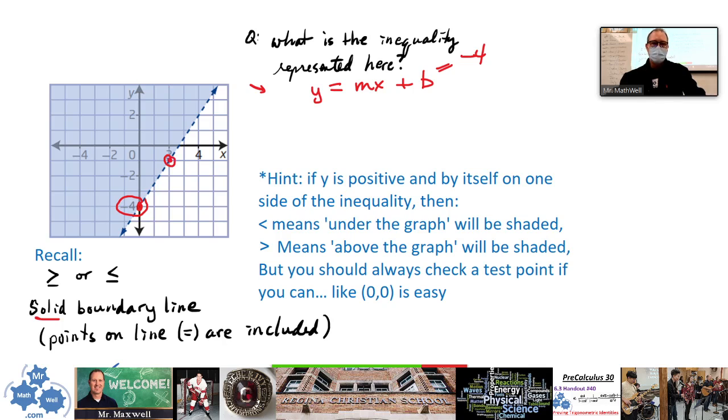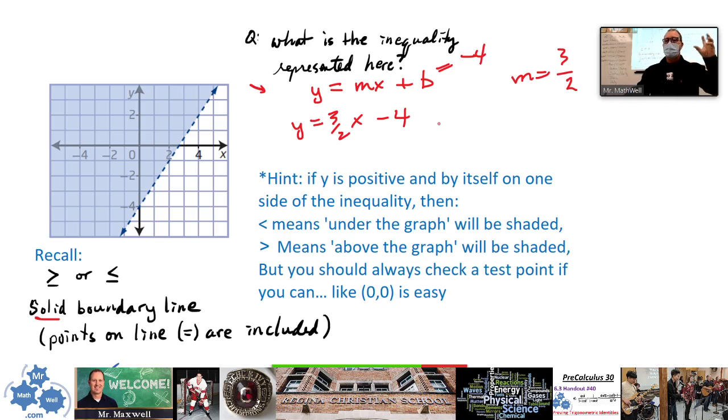This has a rise of 3 and a run of 2, so it appears that we have a slope of 3 over 2. If I go up 3, over 2, I hit another point, and that seems to pan out. So my equation for this boundary line is y equals 3 over 2 x minus 4. Everyone see that?